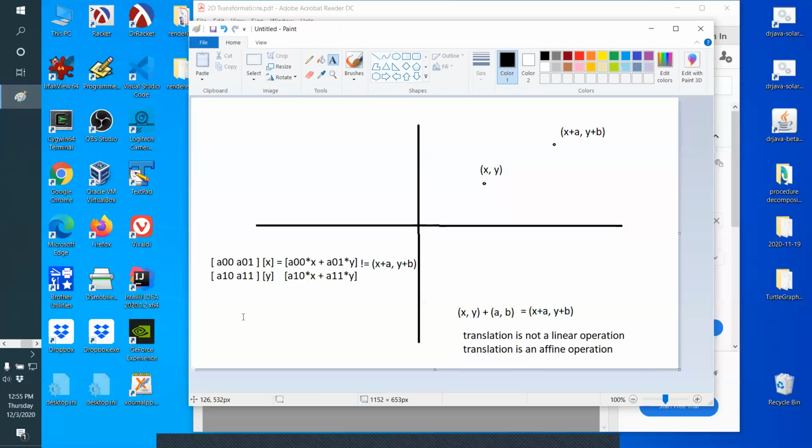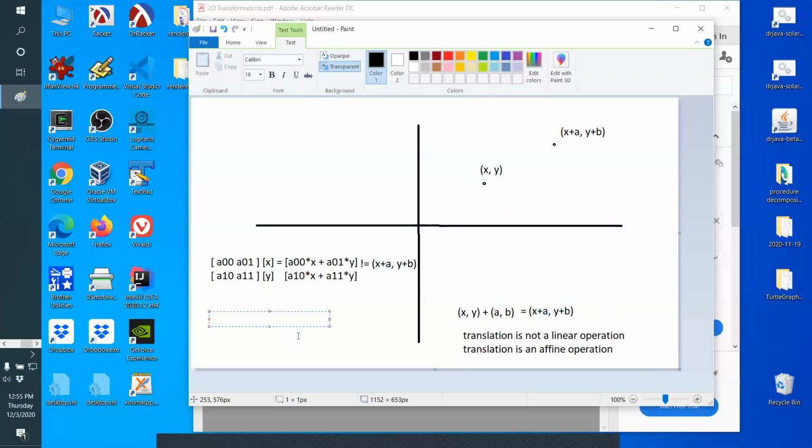Actually, what affine means is a more general formula. Linear means that you have a matrix A times a vector X. Linear means matrix times vector.